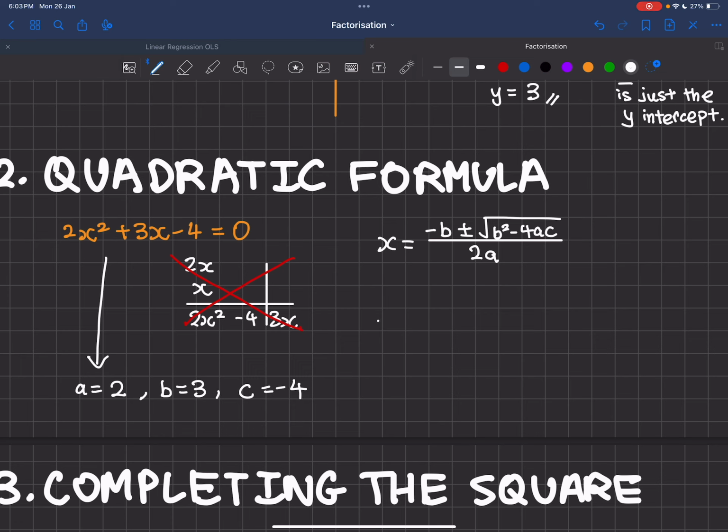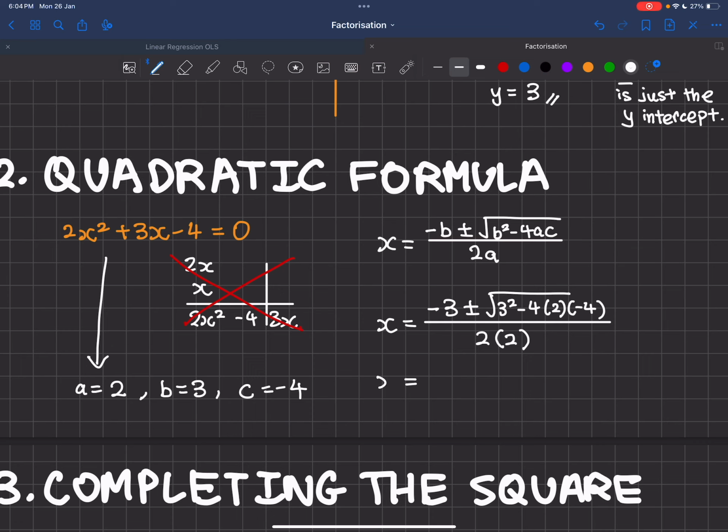Okay, so x equals negative 3 plus or minus square root of b squared minus 4ac over 2a. And when you plug that into your calculator, what will you get? You can try plugging it in.